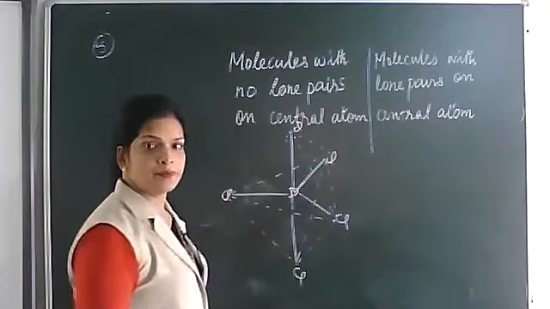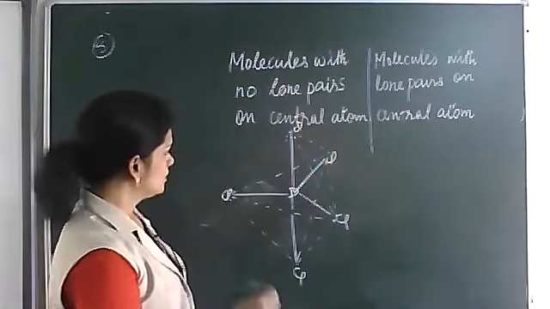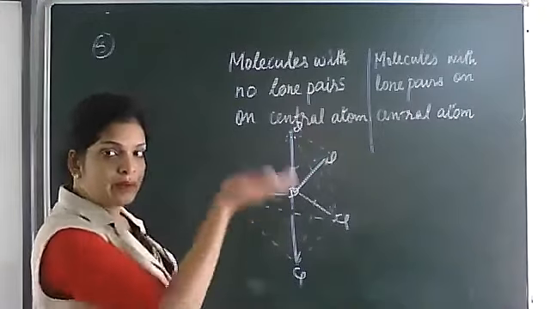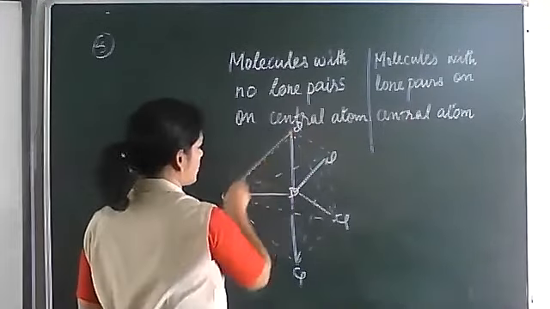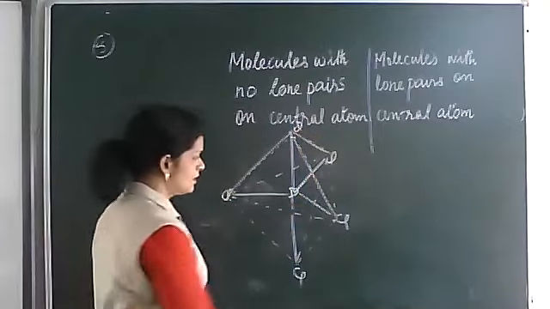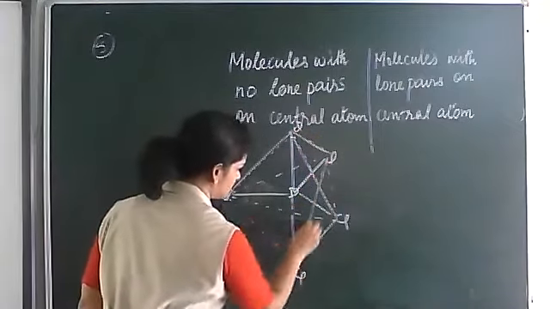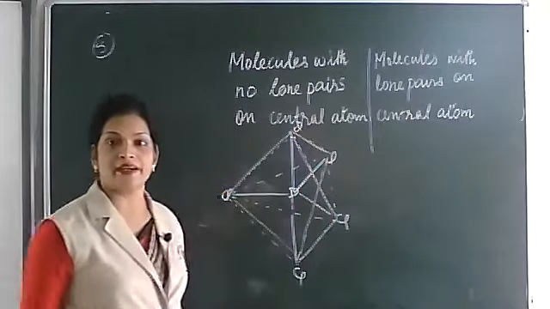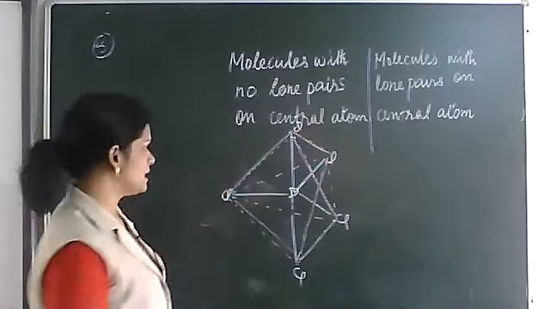This is TBP, trigonal bipyramid, one pyramid up, like this, and one pyramid down. This is trigonal bipyramidal way, that is PCl5.